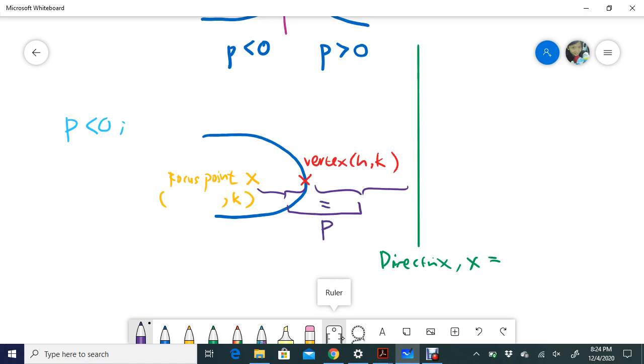Since the focus is in front of the vertex point, your h will be minus the p. The directrix is behind the vertex, so your h will be plus the p-value, because it is behind, or after. This one should be okay, right?